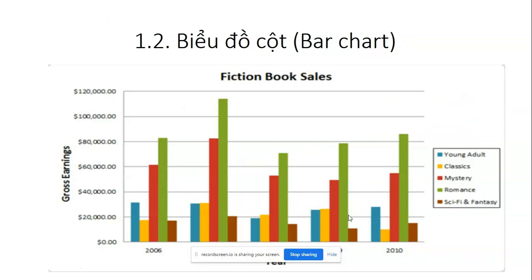The second one is the bar chart. This is also another important and influential one, with columns in different colors, and you have to describe it and compare the data in particular.